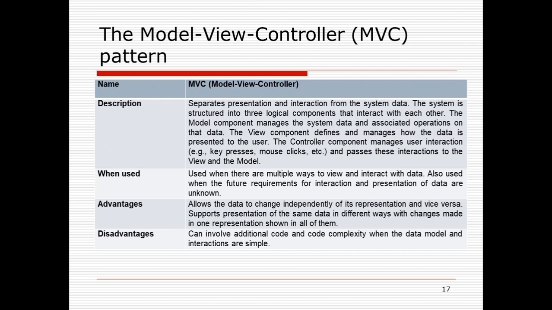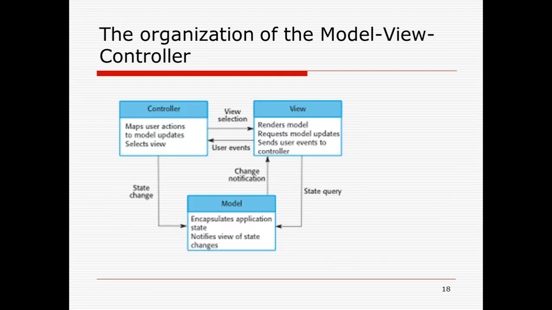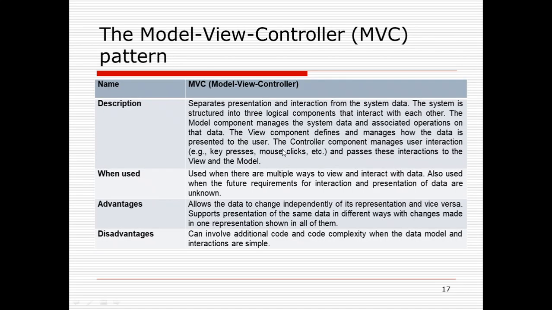So it comes from the controller component, because the user passes the information through the controller component. This is what the model, view, controller pattern is. It is mostly used when you need to view or interact with the data in multiple ways.